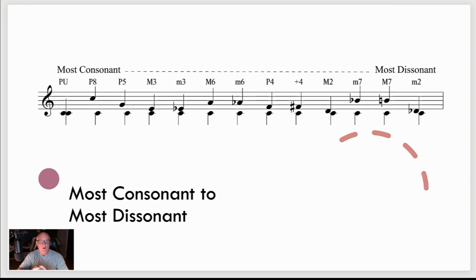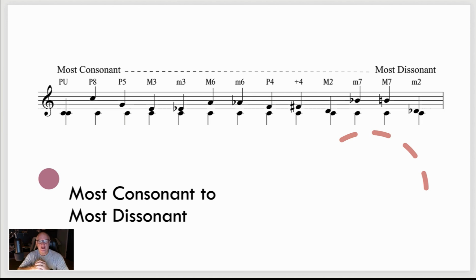So we have the perfect unison, that's the most consonant, followed by the perfect octave, perfect fifth, and then major third, minor third, major sixth, minor sixth, perfect fourth. You'd think that a perfect interval would be the most consonant. In 18th century counterpoint that we're going to learn, it's considered dissonant. And it's because of its context.